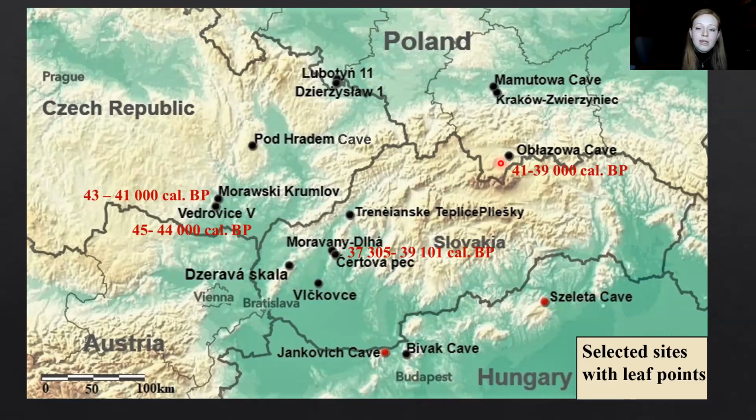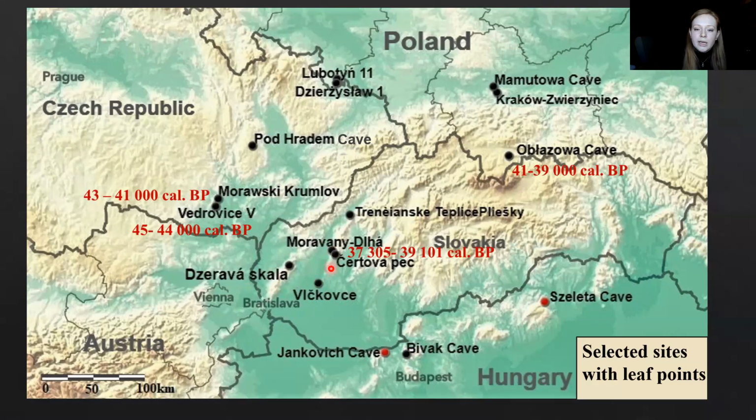The similarities are based on raw material. Here we can also see the use predominantly of local radiolarites. Interestingly, in Moravany-Lopata we also see the preference for the red type of radiolarite. Also, we have local sandstone and the use of obsidian.